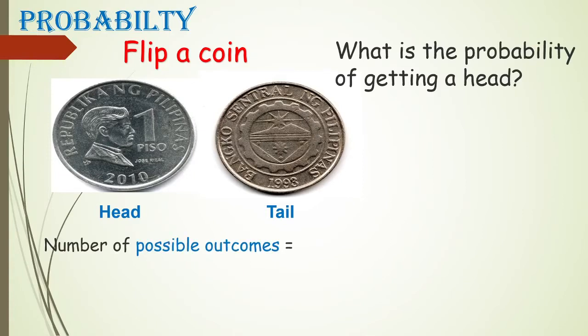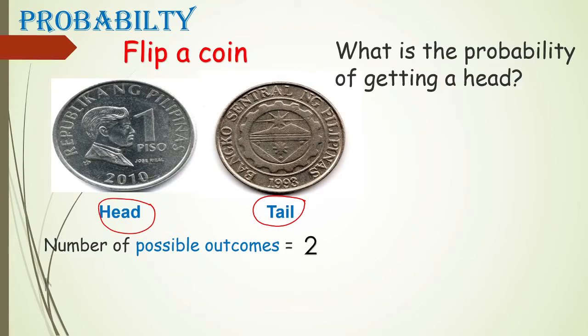How many possible outcomes are there? The total number of possible outcomes. We have 1 and 2. That's why the number of possible outcomes is simply 2.